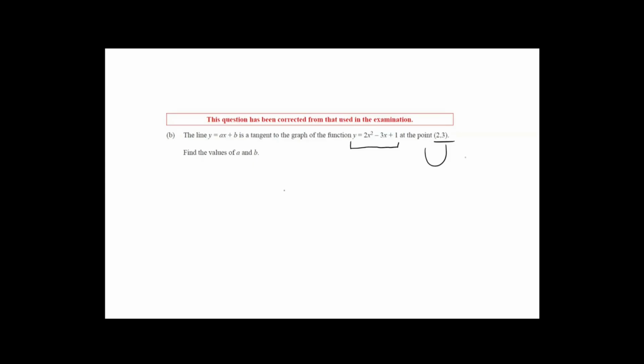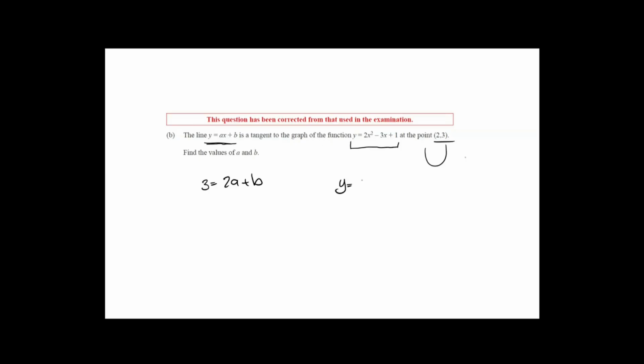So let's have a look at this one first, because if it's tangent, that means when x equals 2, y equals 3. So therefore 3 is going to be equal to 2a plus b. Does that help us? Does kind of, but no, it doesn't really, does it? Nope. Okay, well, let's differentiate it and find the gradient function then.